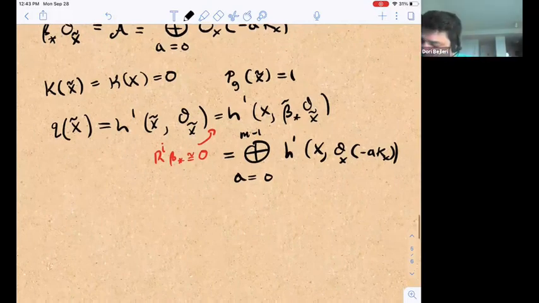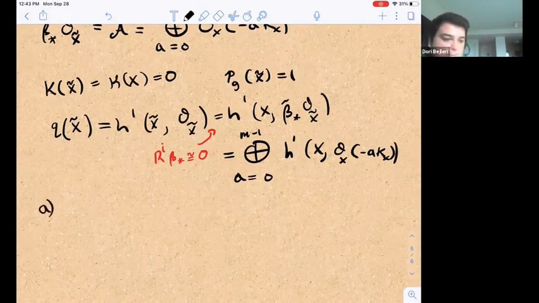Okay, so let's check the two different cases. So in case A, what do we know? We know that m is 2, first of all, because we're in this Enriques case. In the Enriques case, we already showed that 2 times K_X is trivial.